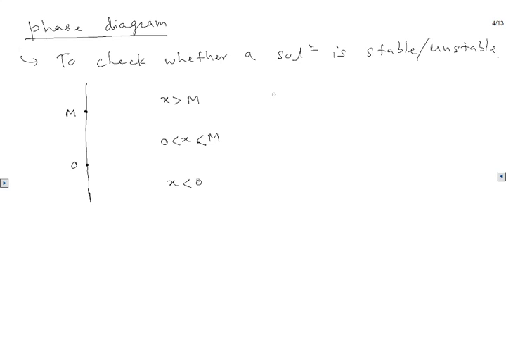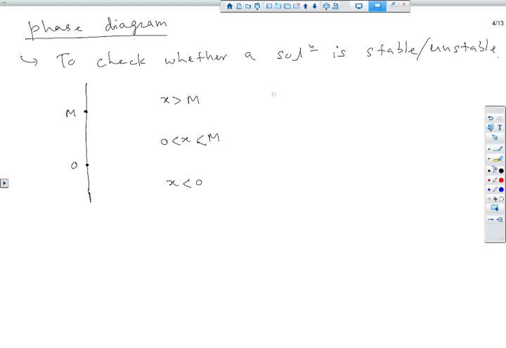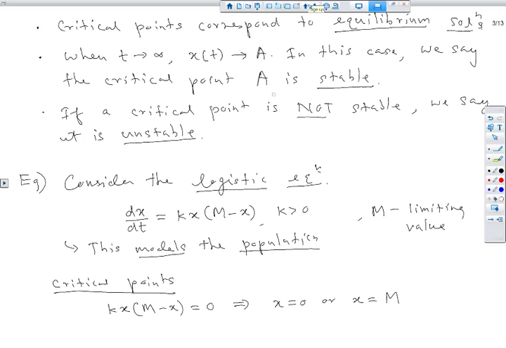In the first case, if x is greater than m, what will happen due to the differential equation? Let's go back and see what the differential equation looks like. We write this as dx over dt equals kx(m minus x).